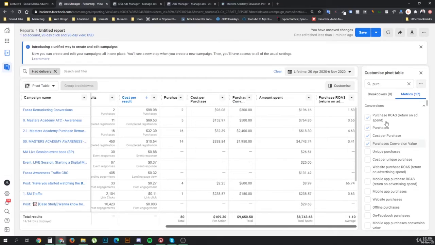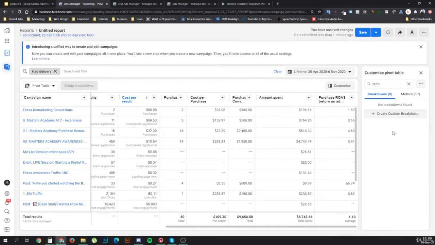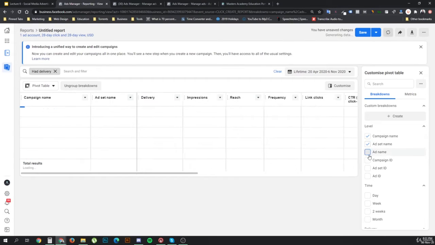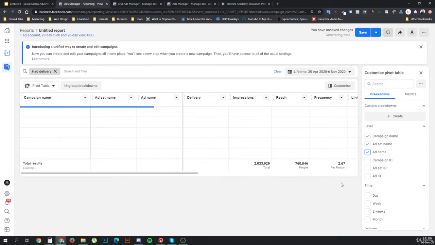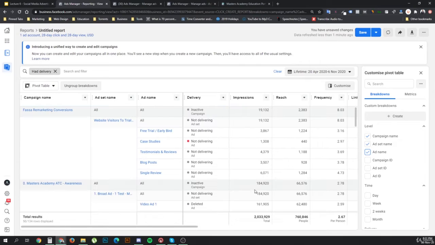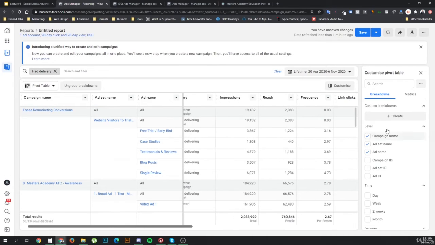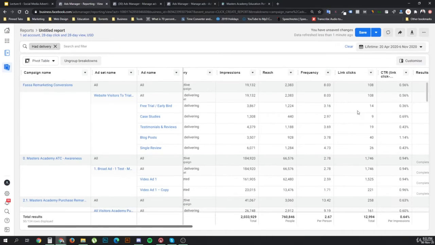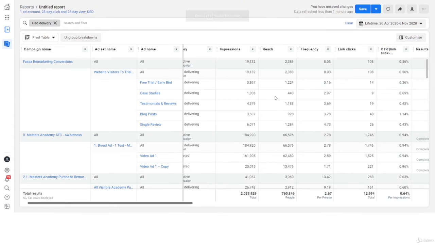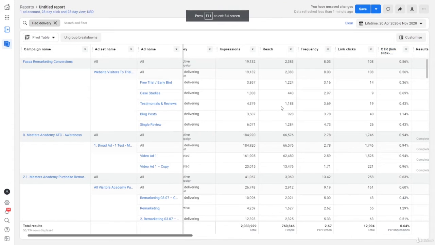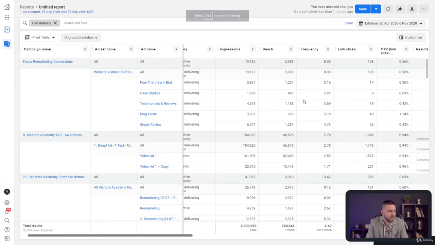So now, when we go back to our breakdowns, we can remove the filter, we can add the ad sets and the ad name, and then we can take a look at our account. So let's get rid of these guys over here. You can also press F11 to make your screen a little bit larger and be able to analyze like this.